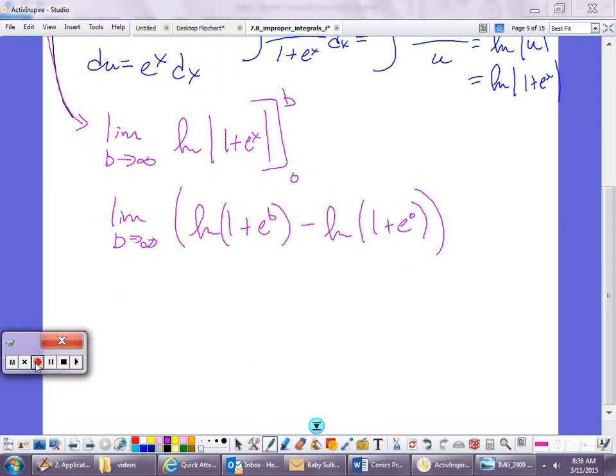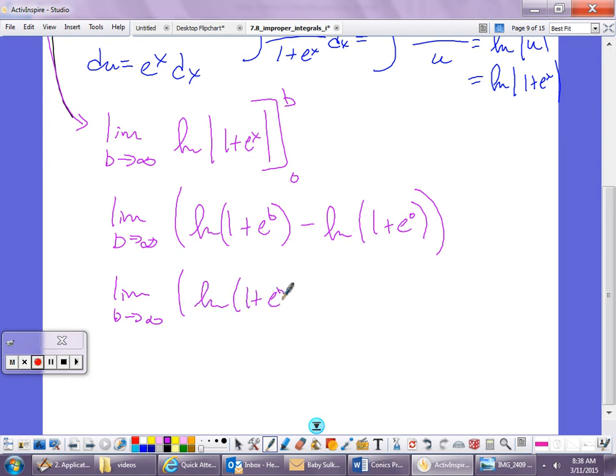And then I can go from here, limit as b goes to infinity, and I kind of see where this is going to go. ln 1 plus e to the b minus ln 2. And as b goes to infinity, e to the b is going to go to infinity. So 1 plus e to the b is going to go to infinity. So ln 1 plus e to the b is going to go to infinity.